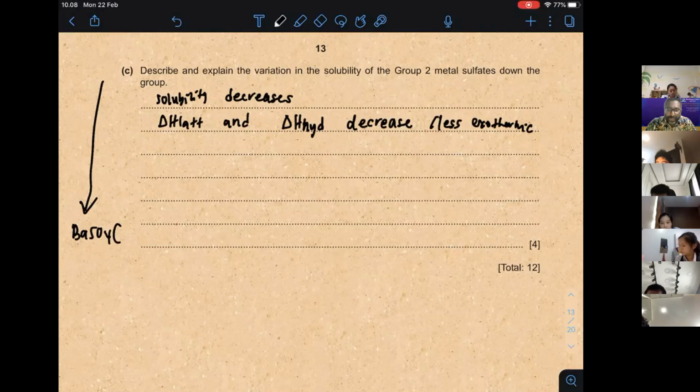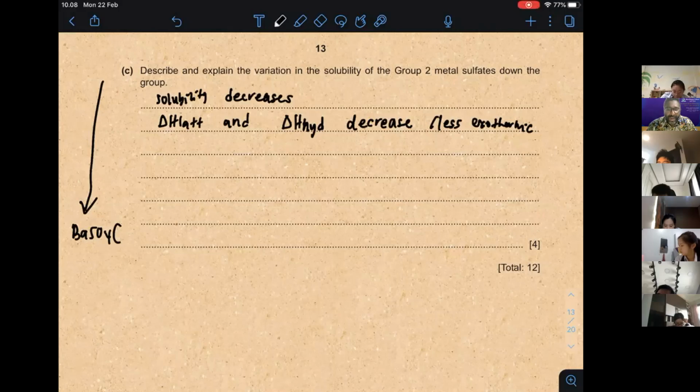Charlton, which one do you think will decrease more? Hydration or lattice energy, Charlton? Hydration. Yeah, please remember this.